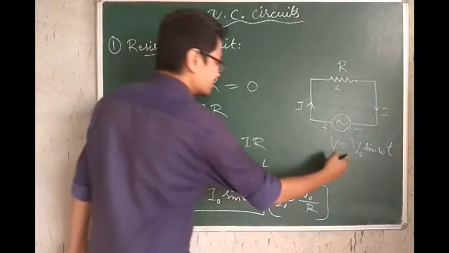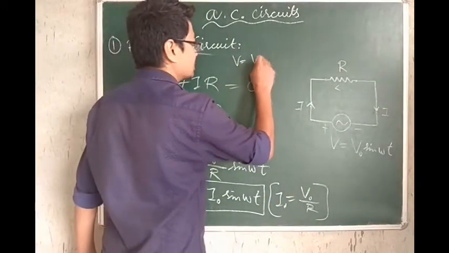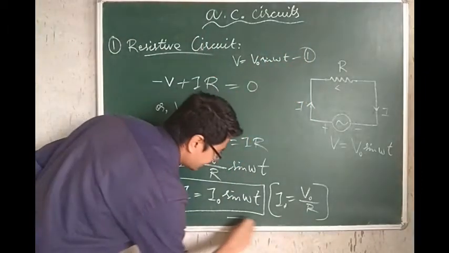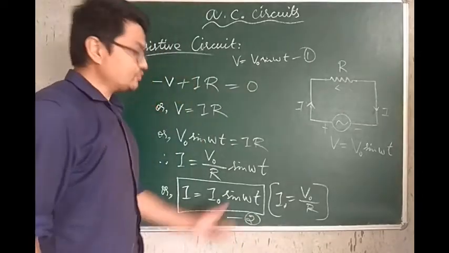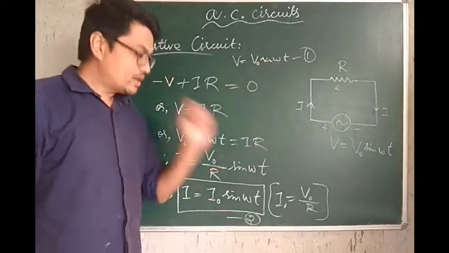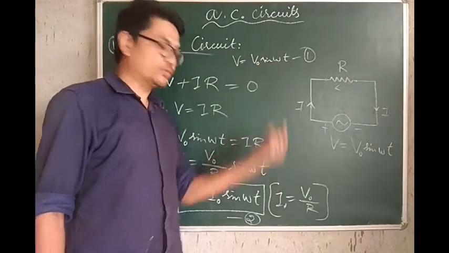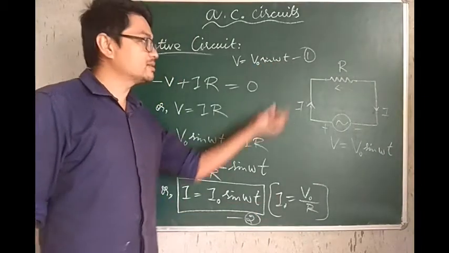Now if we consider this equation, V is V naught sine omega t to be our equation number 1, and say this is the equation number 2, then from equations 1 and 2 we see that this angle omega t, over which sine of course is operating, is the same.